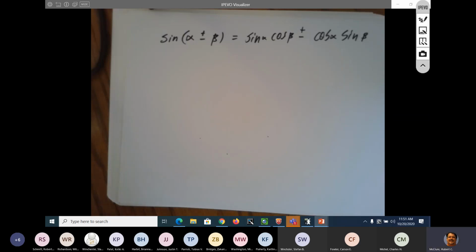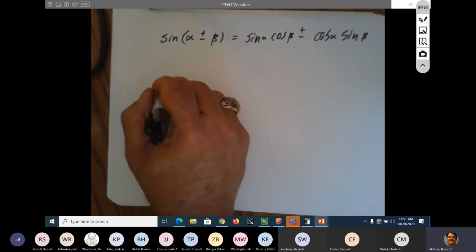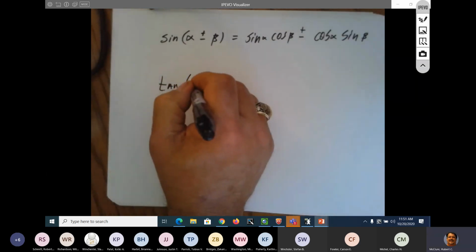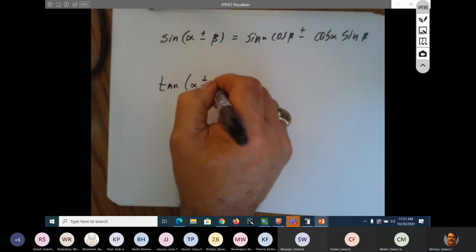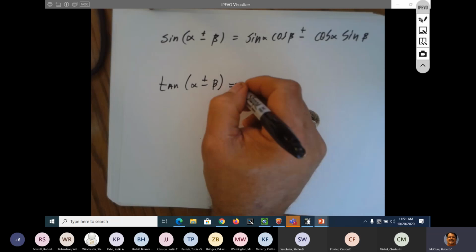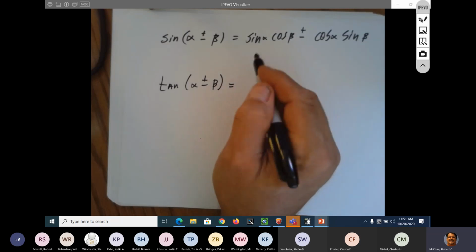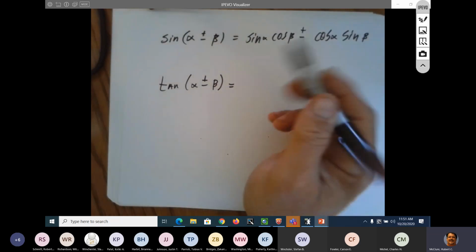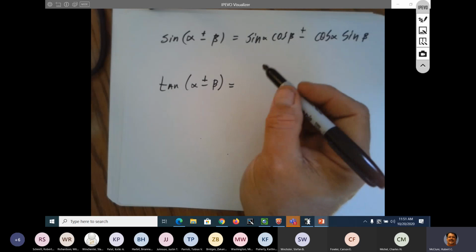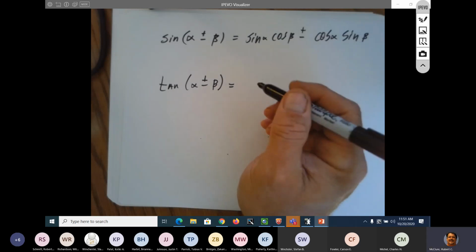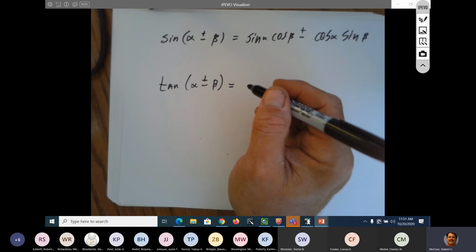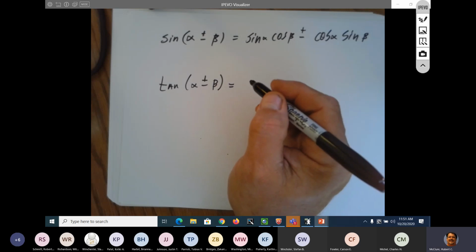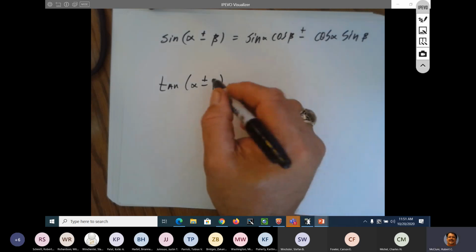And the tangent: tan of alpha plus or minus beta is equal to, this is where it's tan over 1 minus tan, or however you want to remember it is up to you, but the signs match on the top.